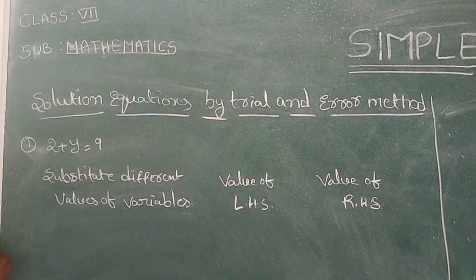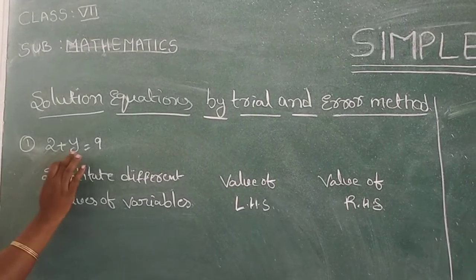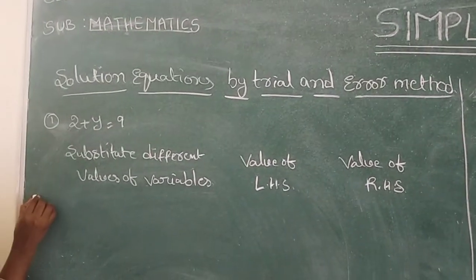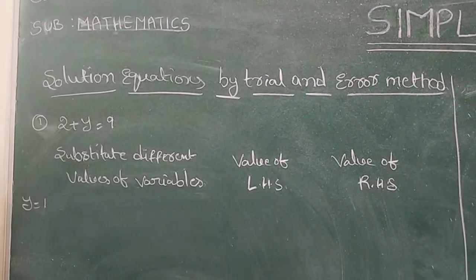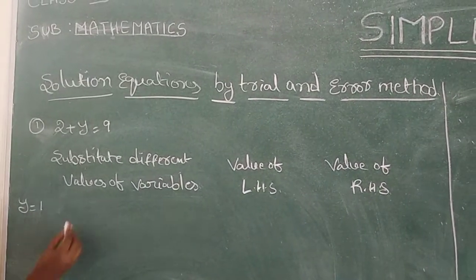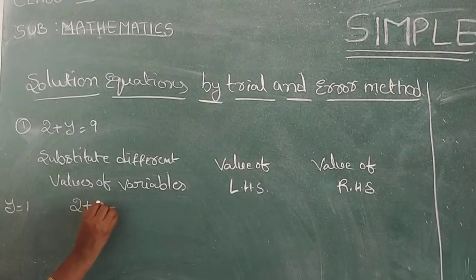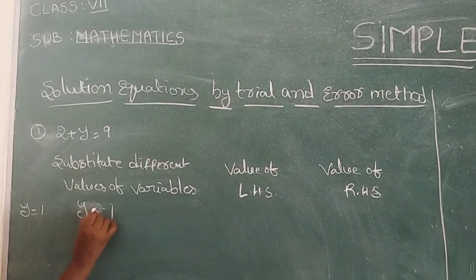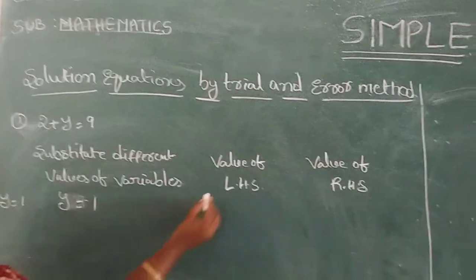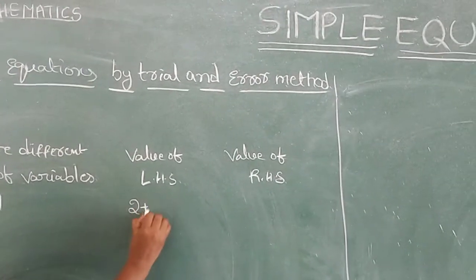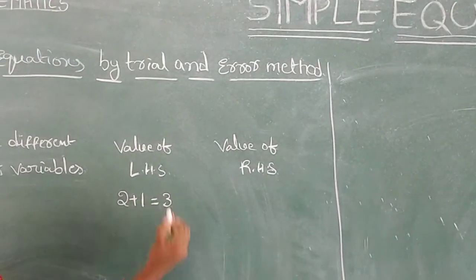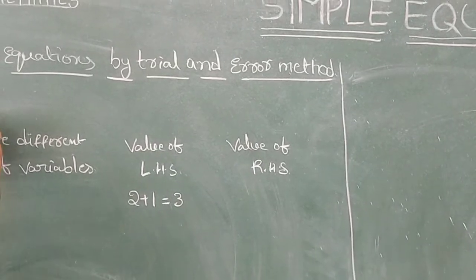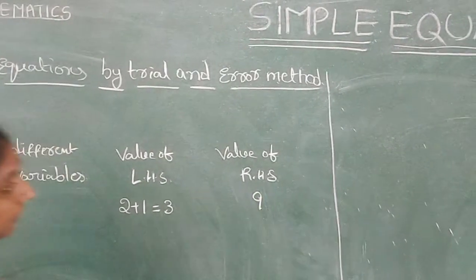In this equation the variable is y, so we can take y is equal to 1. LHS is 2 plus 1, that is 3, RHS 9.